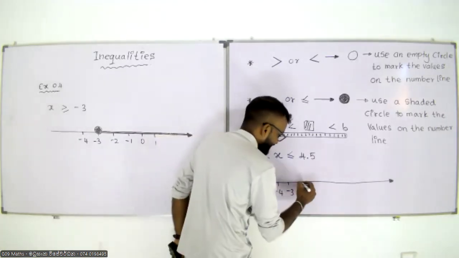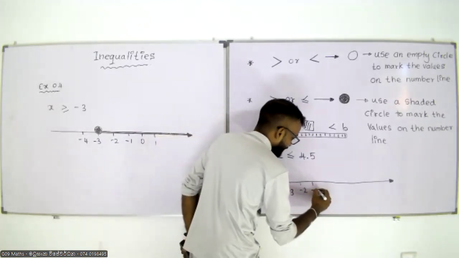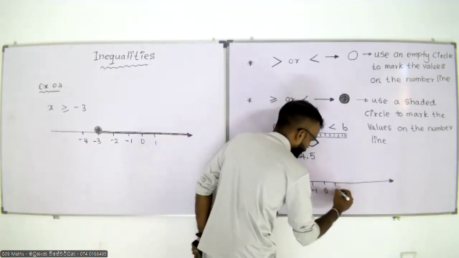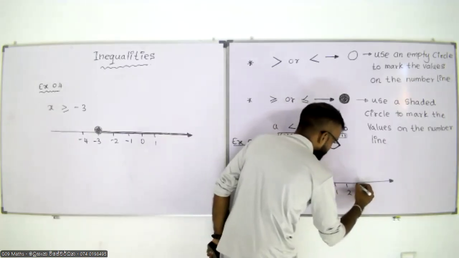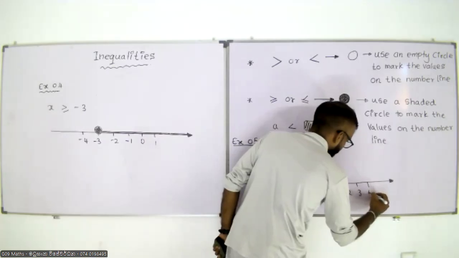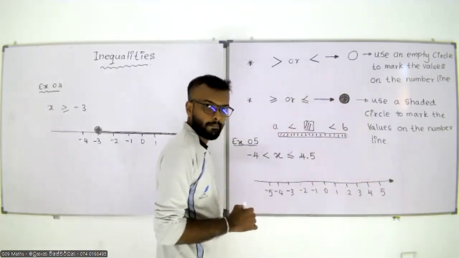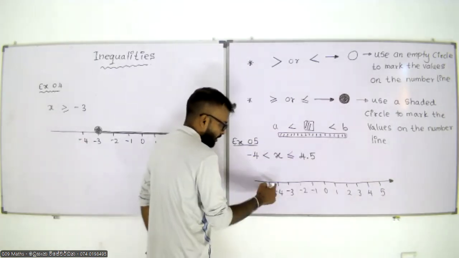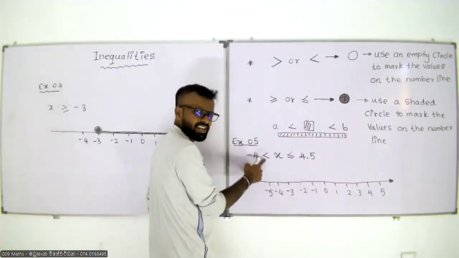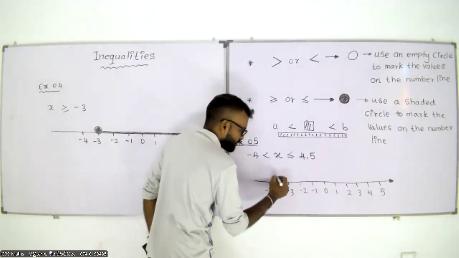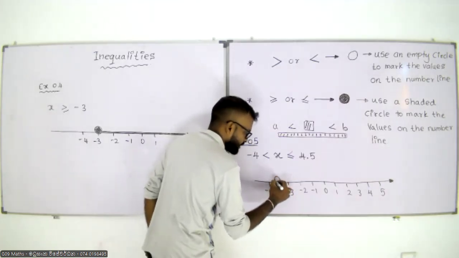So -3, -2, -1, 0, 1, 2, 3, 4, 5, because we have 4.5 as well. -4 is here. It is just an inequality, so I am not going to highlight it, just an empty circle.